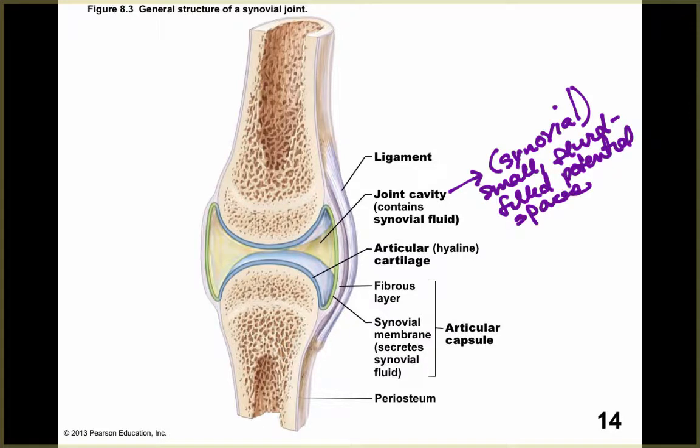So when you're looking at a synovial cavity, that's one of the first things you'll probably see. Now, if you look at the ends of the bones, all of them have articular cartilage, which is made of hyaline cartilage. And this helps to prevent crushing of the bone ends.